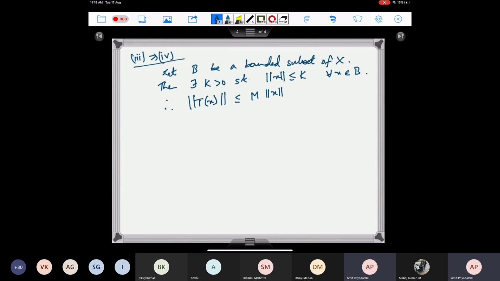So this is less than or equal to m times k for all x in B. So this implies T of B is a bounded subset of Y. And finally, 4 implies 1.